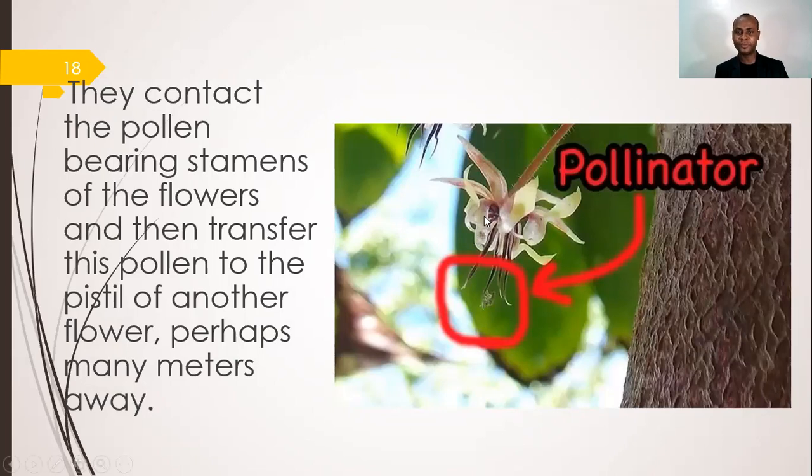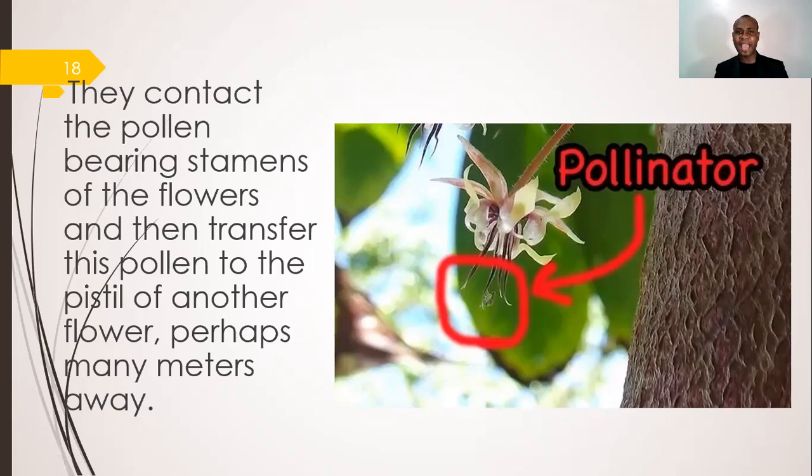So they sit over here, and their body is attached to some pollen grains. From here, they fly to another tree, and as they sit, they are able to travel over here to the style or the pistil, and then they release the pollen grains on the female part of the flower.